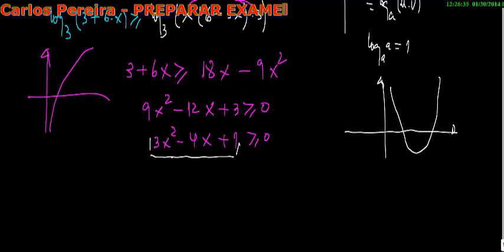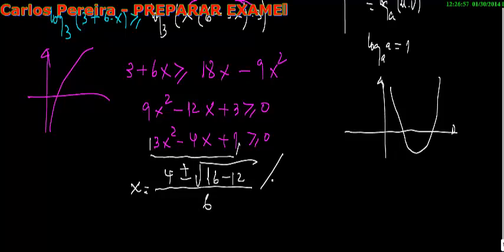So first of all, I'm going to find the zeros of this. The zeros, it is quite easy to understand. Minus b, it is 4, plus or minus square root of 16 minus 12, okay? Over 6. And so I have two solutions. First of all, it is 4 plus square root of 4, it is 2, over 6. And 4 minus 2 over 6. Here it will come 1, here it will come 2 over 6.